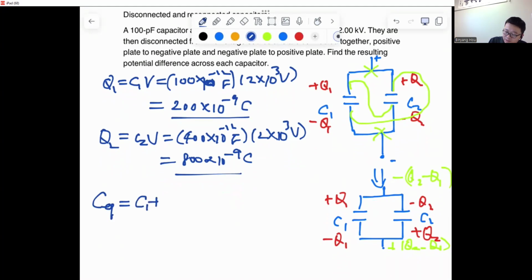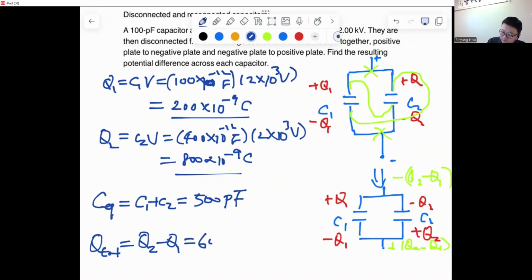Parallel, so C1 plus C2, and that will give us just 500 picofarad. The Q total will be now actually Q2 minus Q1. Okay, so the 800 minus the 200, that will be 600 times 10 to the minus 9 coulombs.